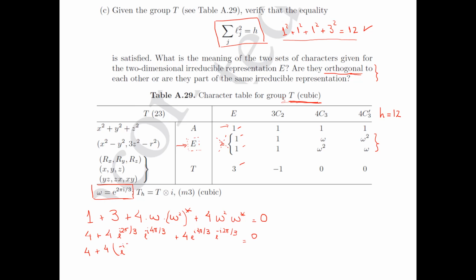So e to the minus i 2 pi over 3 plus e to the i 2 pi over 3, which is essentially 2 times the cosine, 2 times cosine of 2 pi over 3, which is minus 1. So this is 4 minus 4, which is 0. So this works. The orthogonality works.